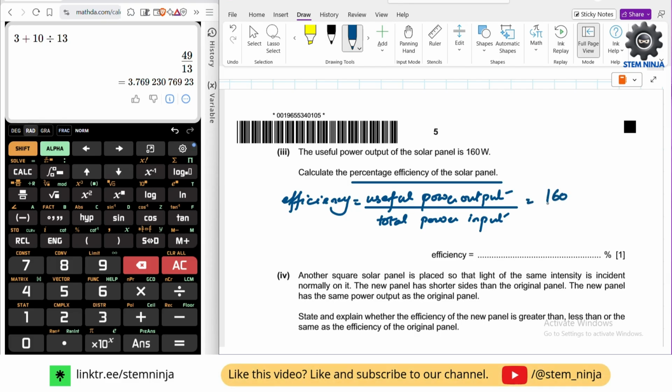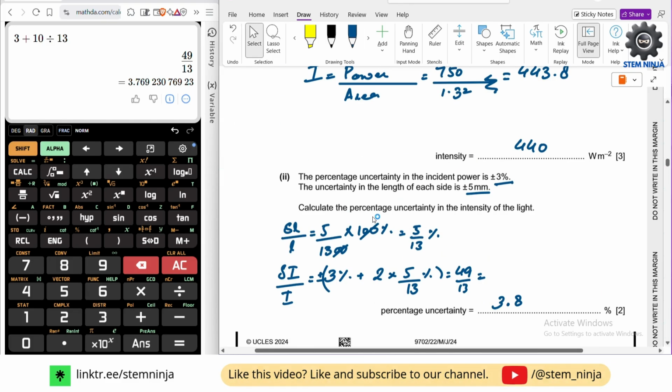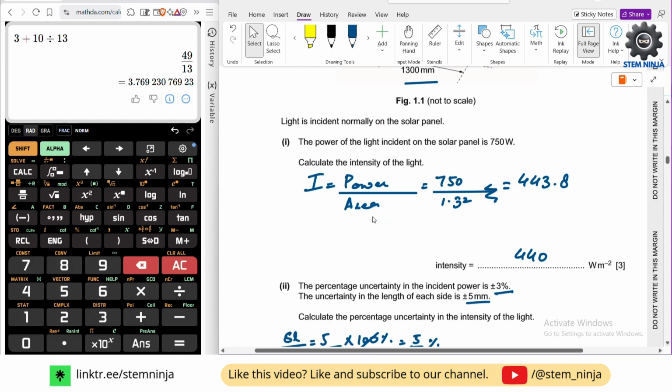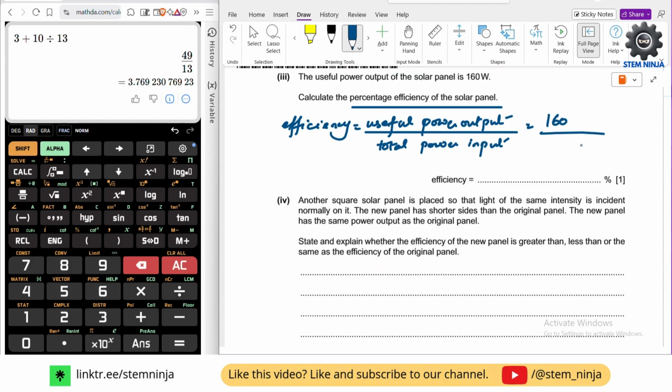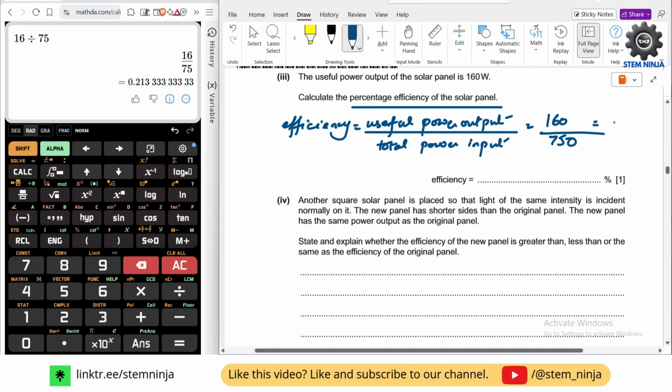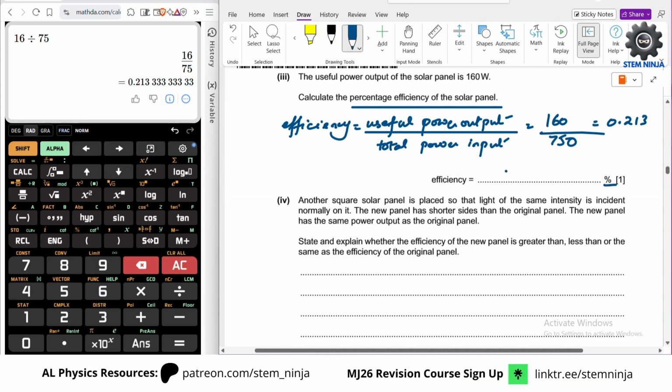So this is 160 divided by 750 watt. So 16 divided by 75, that is 0.213, and we need to give this in percentage, so 21.2%. 21% would be fine.